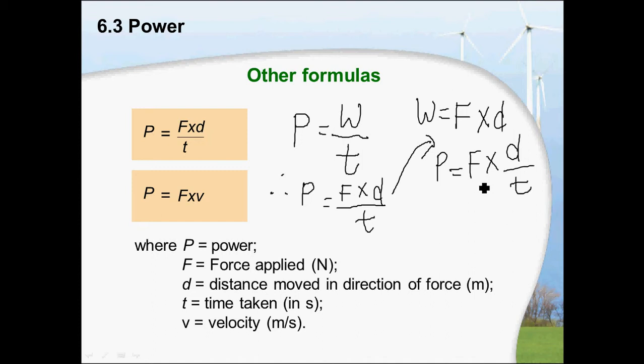If you write it like that, you can factorize the distance over time aside, and you will get velocity, because velocity is distance divided by time. So power is equal to F times v. That's how you arrive at velocity.